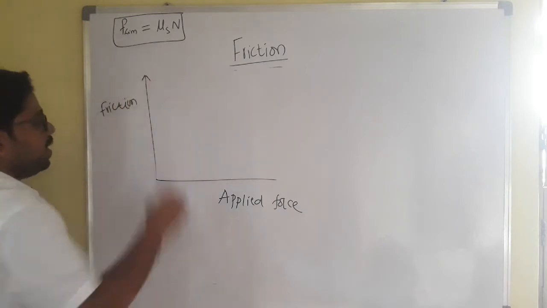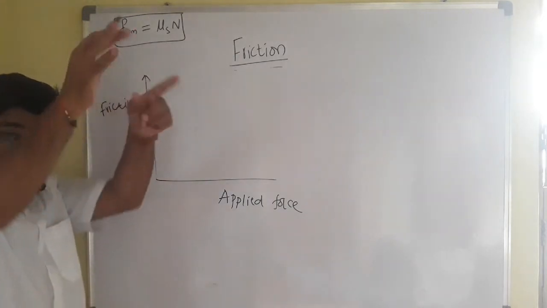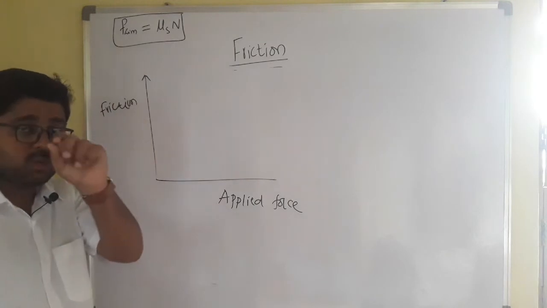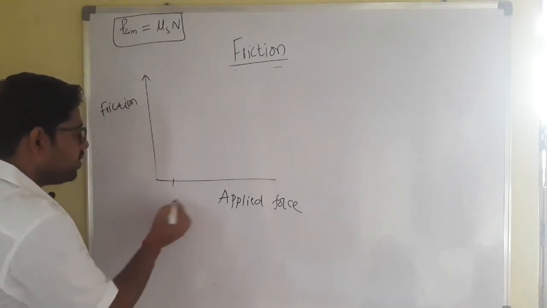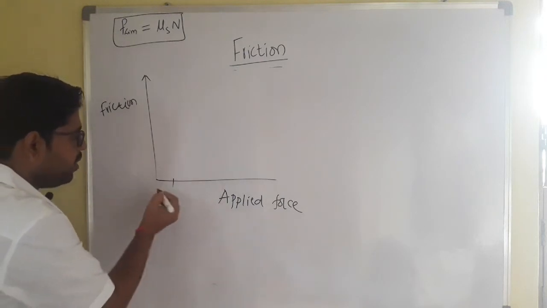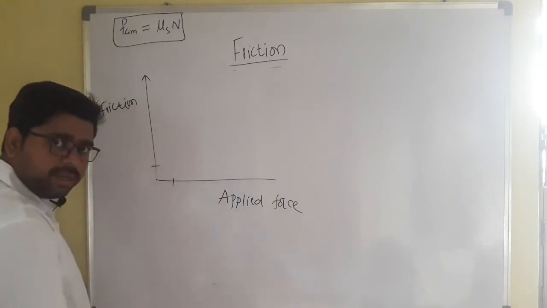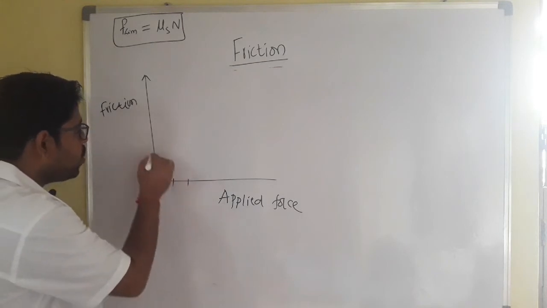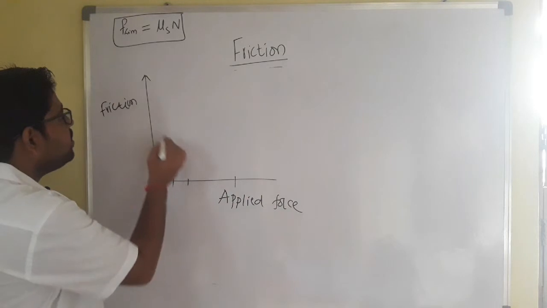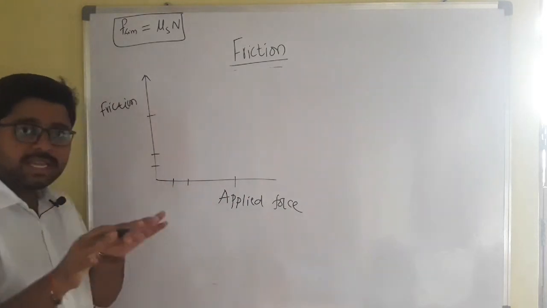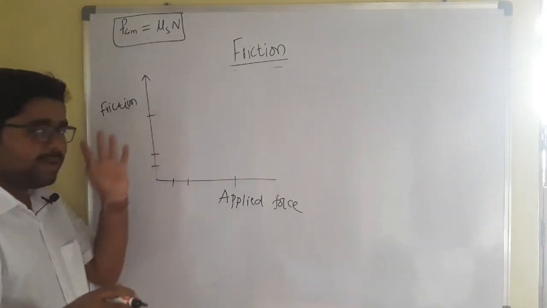Say in my example, 1000 Newton was the limiting value. If I put 100 Newton, it is cancelled by friction. 200 is cancelled. Like this it keeps going. 1000 Newton is cancelled by 1000 Newton friction. The applied force will be compensated like this.